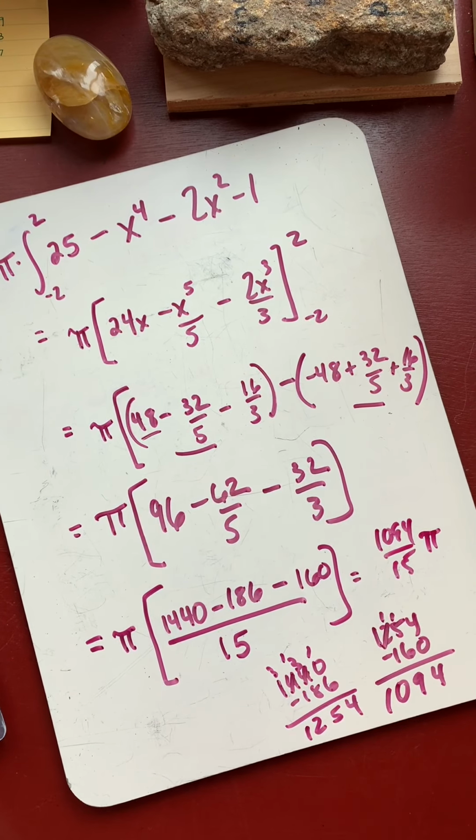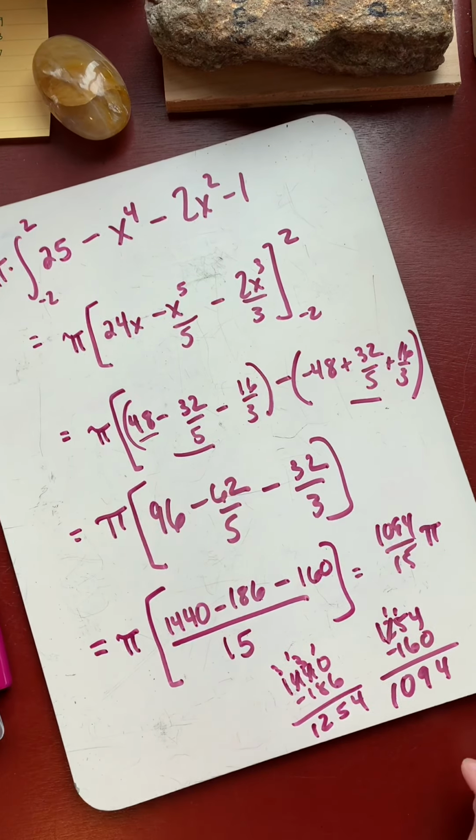I'm going to put it in and see what happens. 1094 over 15 pi. Oh, dang it. It says I'm wrong.